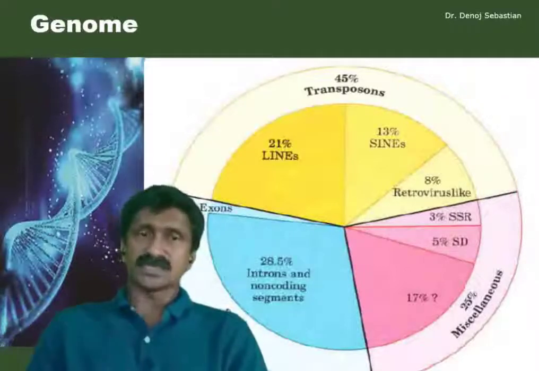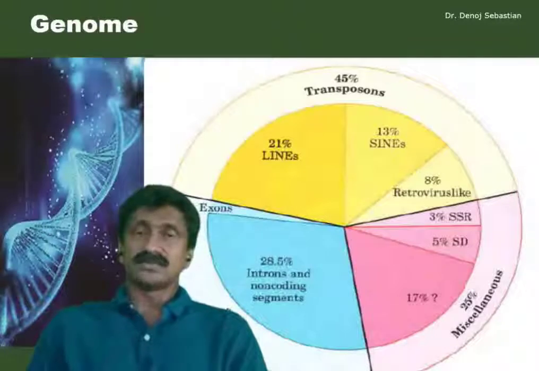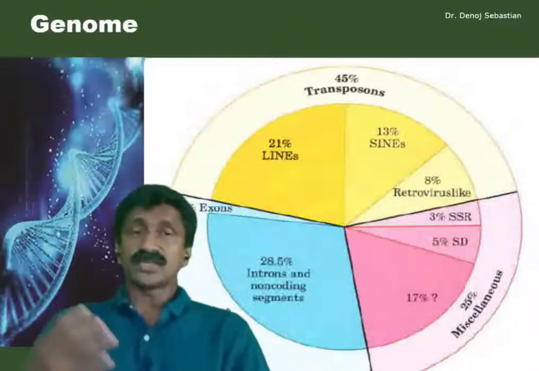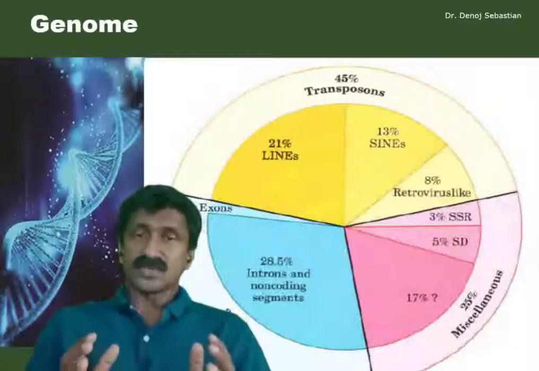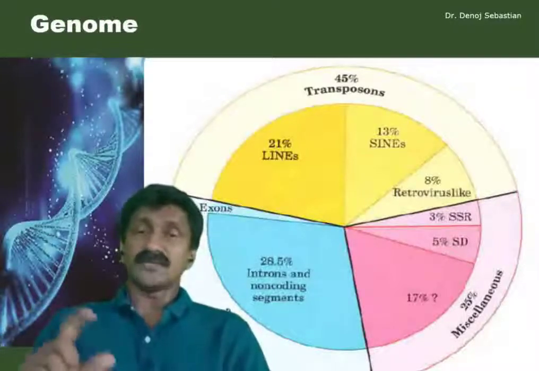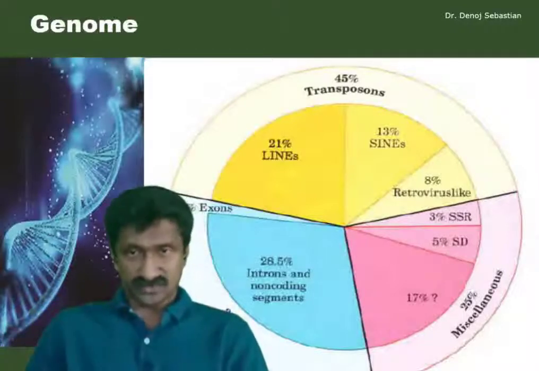And 13% is contributed by short interspersed nuclear elements, or SINEs. These are sequences of non-coding DNA present in high frequencies in various eukaryotic genomes.